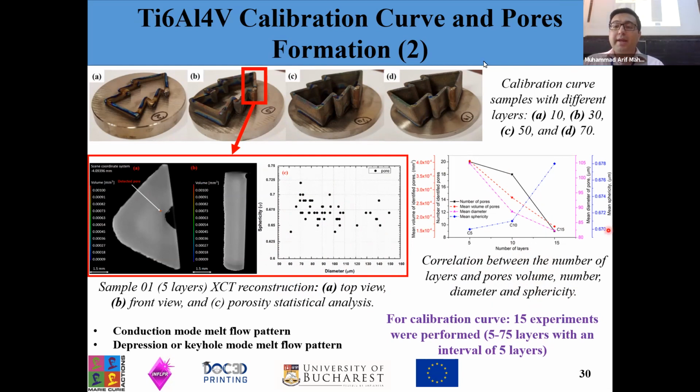And we identified that as I increase the number of layers, the mean sphericity is increasing, while the number of identified pores, mean volume, and the diameter are decreasing due to iterative heating and cooling phenomena involved in the laser melting deposition process.